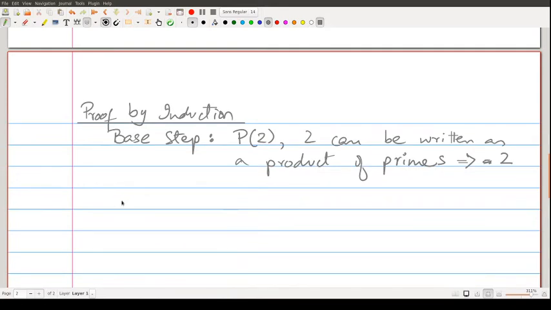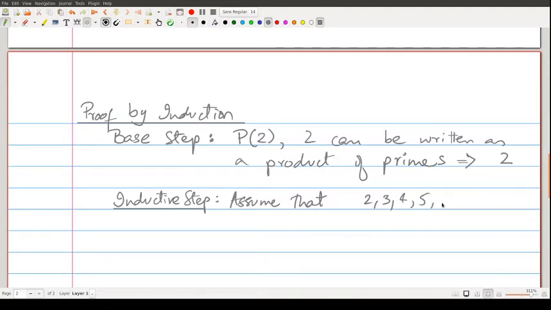The second step, which is the inductive step, and here we're going to use the principle of strong induction. So we assume that 1, 2, 3, or rather from 2, let's exclude 1.